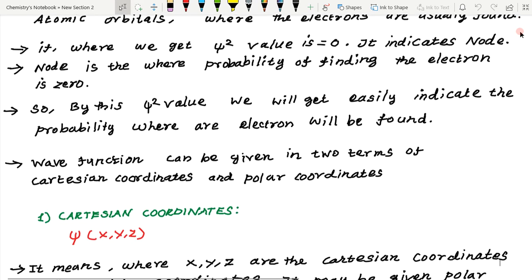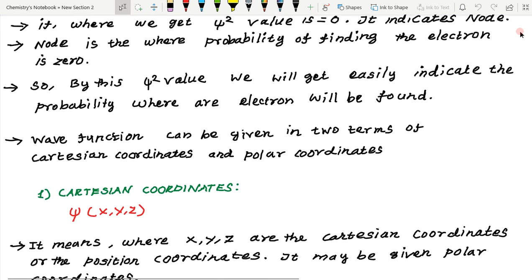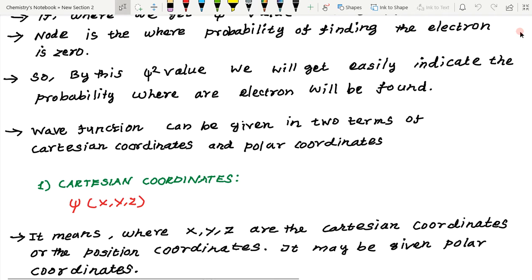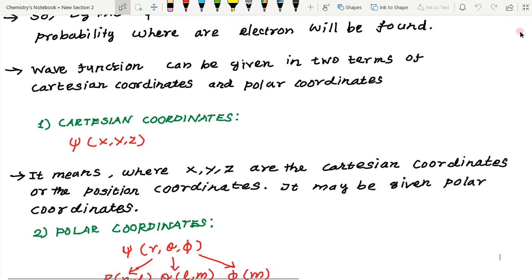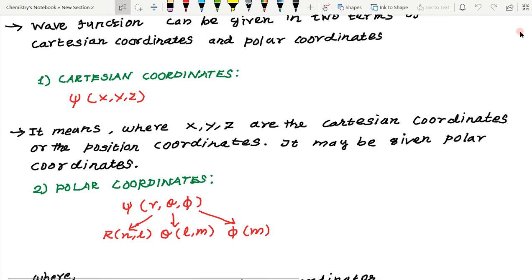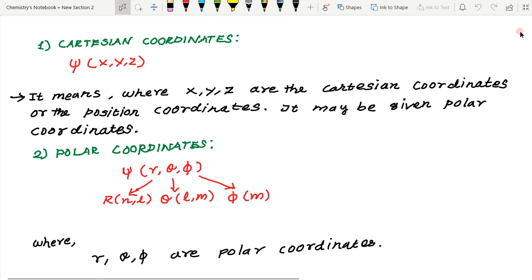Next, the wave function can be given in terms of Cartesian coordinates and polar coordinates. See, first one, Cartesian coordinates, psi of x y z, where x y z are the Cartesian or position coordinates.